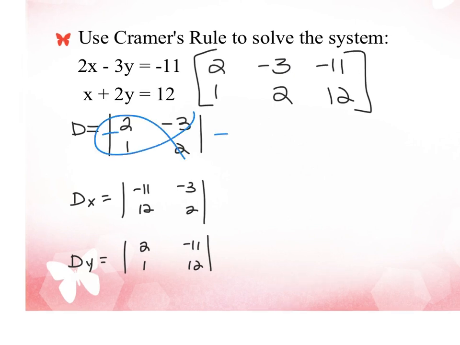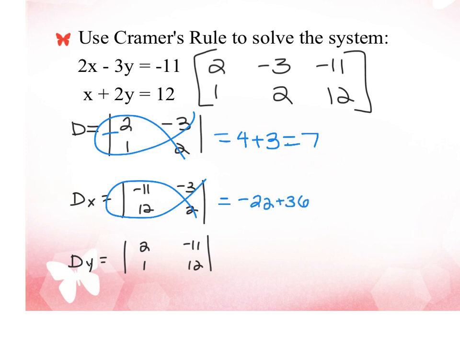So now I got to do the determinant for each of these, right? So work my way around. This would be 4 minus a -3 becomes 4 plus 3, or 7. Around here, this would be -22 minus a -36. -22 plus 36, which is 14. 24 minus a -11 becomes 24 plus 11, or 35.